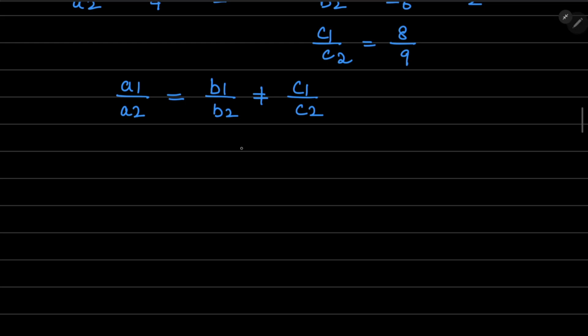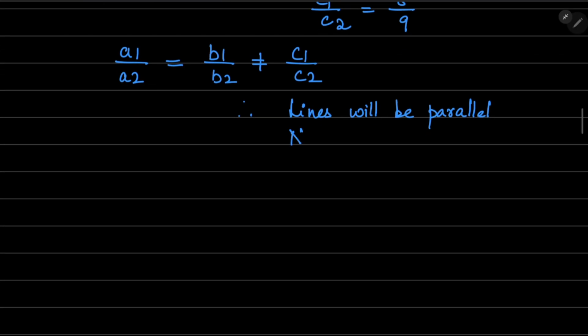So here this is a condition of no solution. Here the lines will be parallel. They will not have any solution, no solution, and the system is inconsistent.